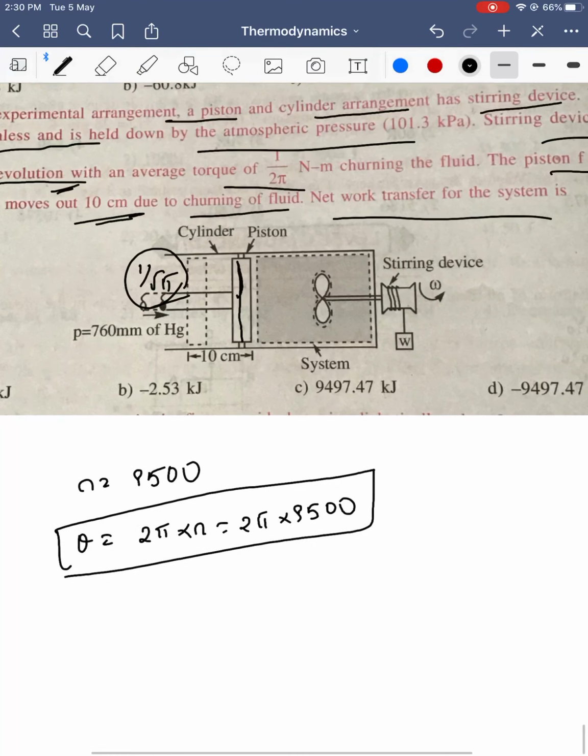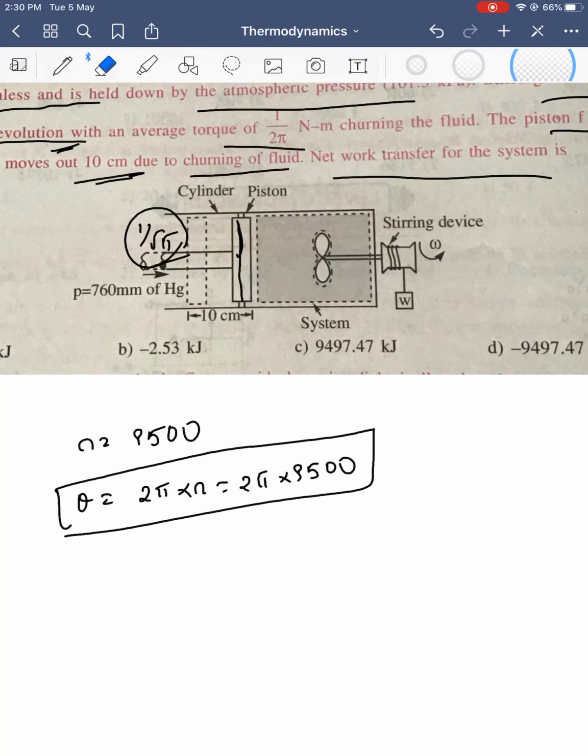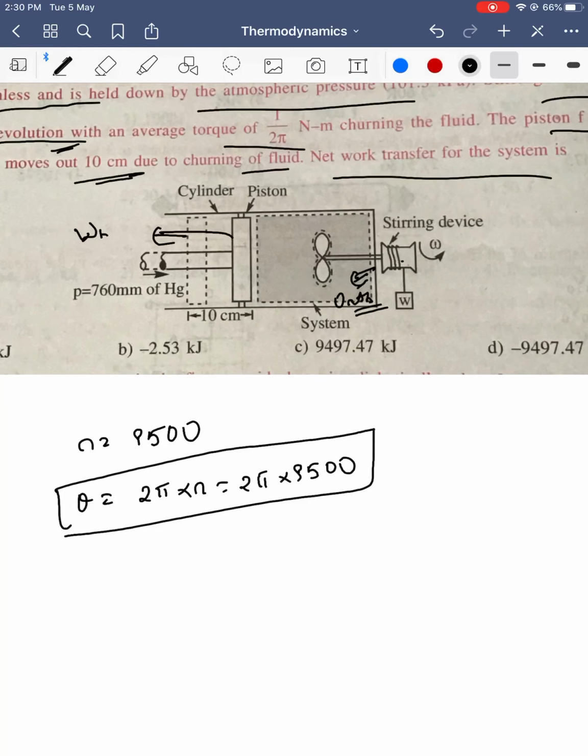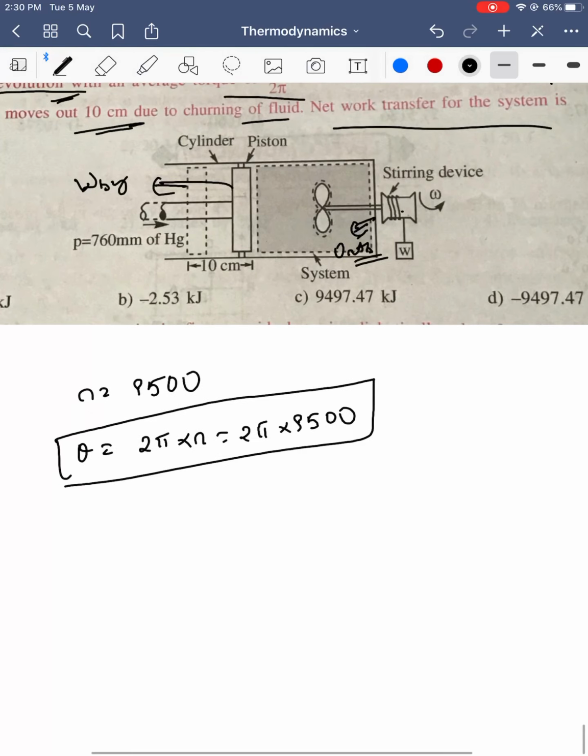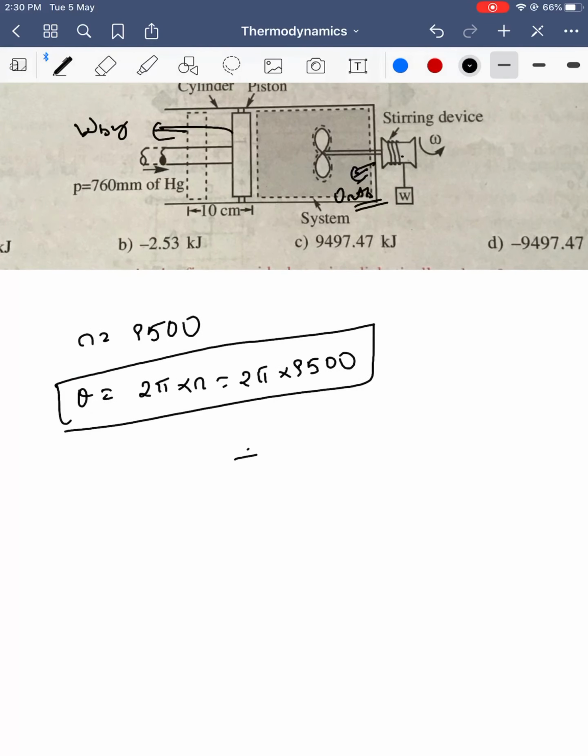Here two types of work are being done. Listen carefully. Because of stirring, work is done on the system. The piston is moving because of work done by the system. Work done on the system is positive.